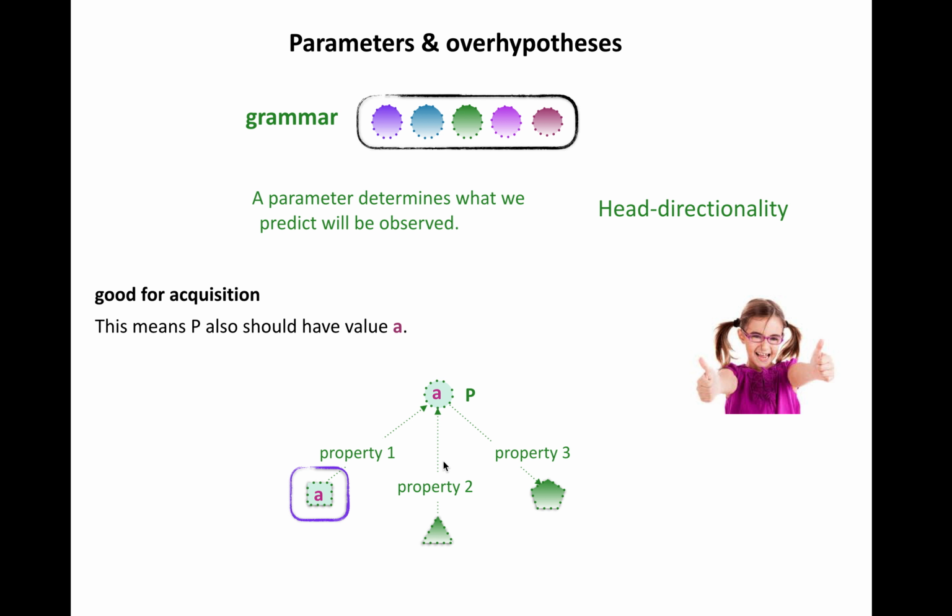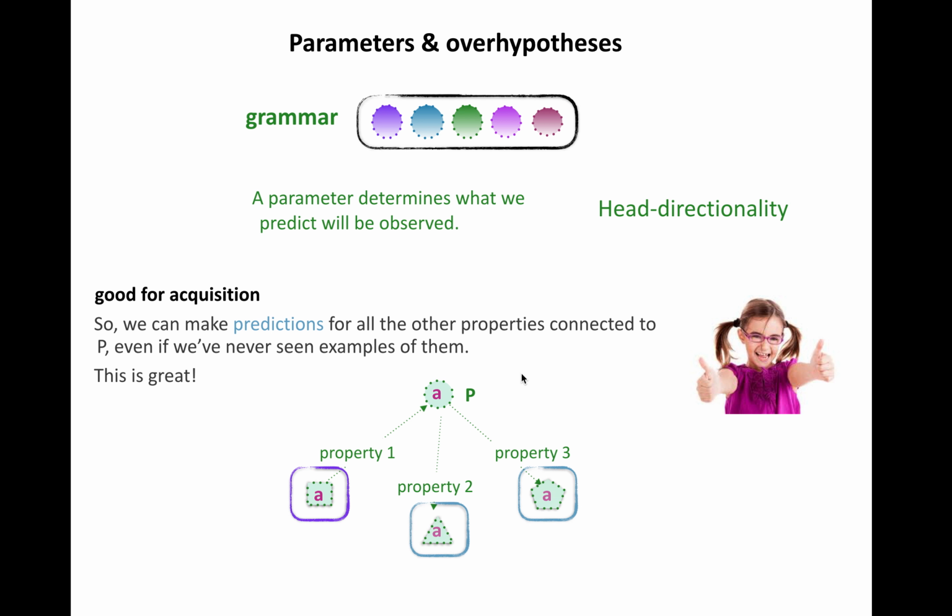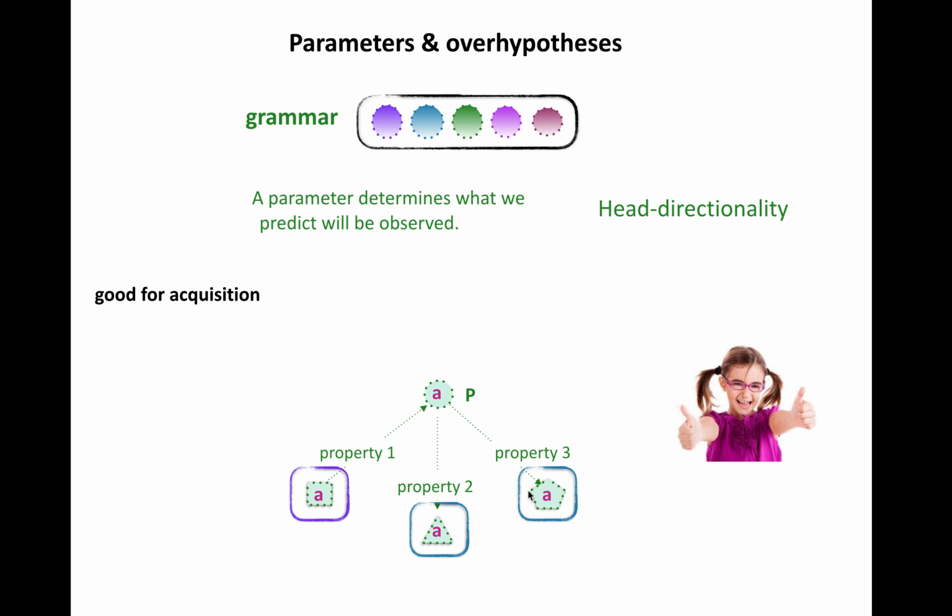And that means, because property 2 and property 3 are also connected to P, that guess what? Property 2 and property 3 should both have value A, which means we can make predictions about what these things should be even if we've never seen examples of them in our actual input, which is, again, the power of this kind of overhypothesis, kind of generalization.